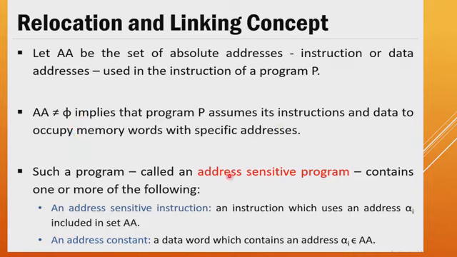Such programs are called address sensitive programs, and they contain one or more of the following: an address sensitive instruction, which is an instruction that uses an address, let's say alpha i, that is included in the set AA; and an address constant, a data word which contains an address alpha i belonging to AA.